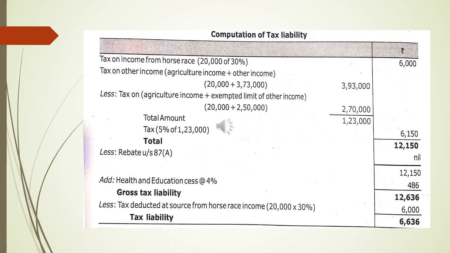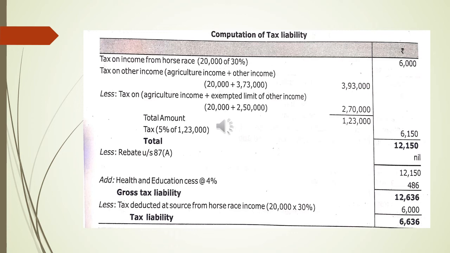Already you have paid TDS on the casual income. Whenever you earn casual income like lotteries, gambling, betting, or winning from horse races, 30% will be deducted at source. So that TDS, whatever has already been deducted, has to be subtracted now.